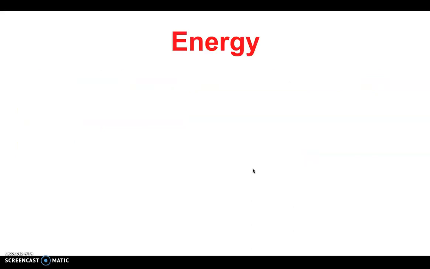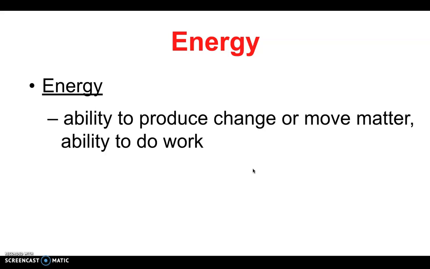So you know about energy already. We've learned all about it in class. And in science, we describe energy as anything that has the ability to change or move matter, so it can change matter or it can move it, or the ability to do work. If you think about all the different types of energy we've learned about, this will describe all of them.